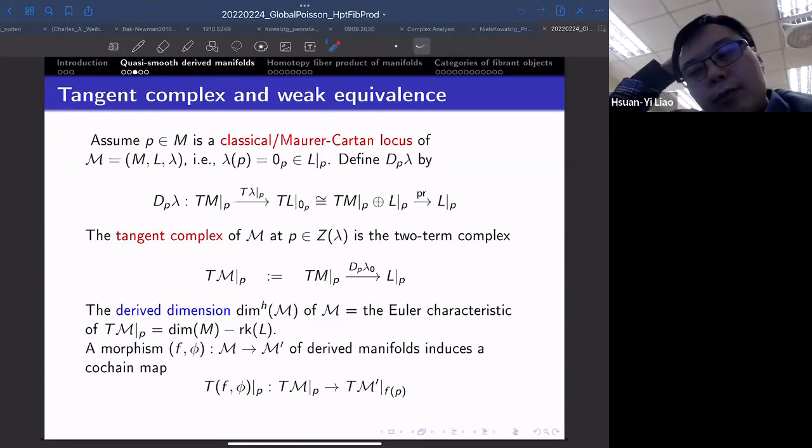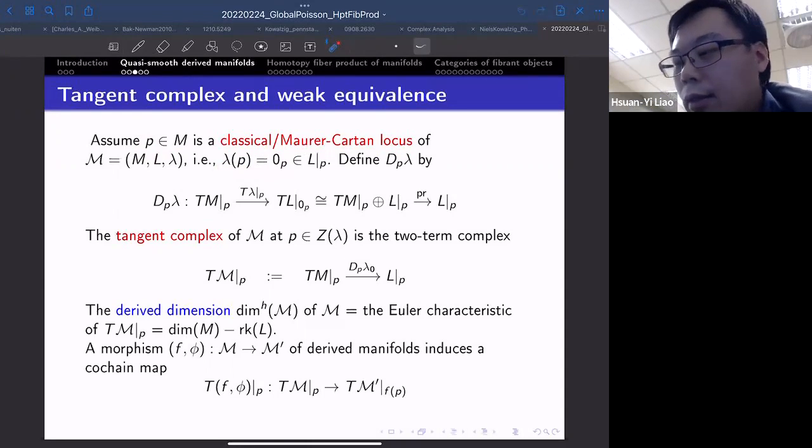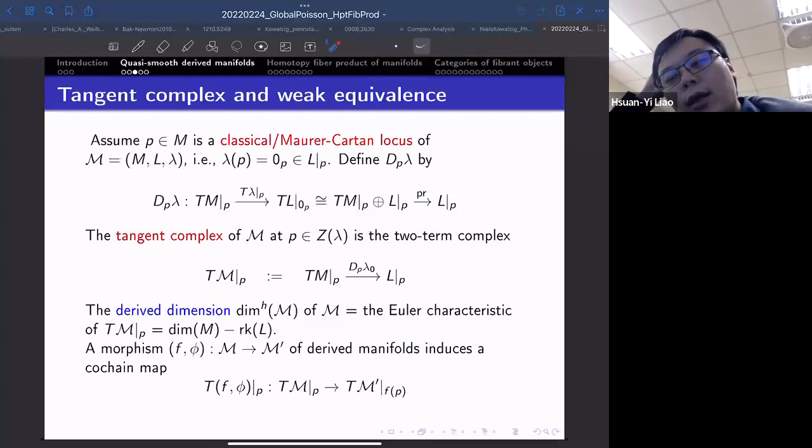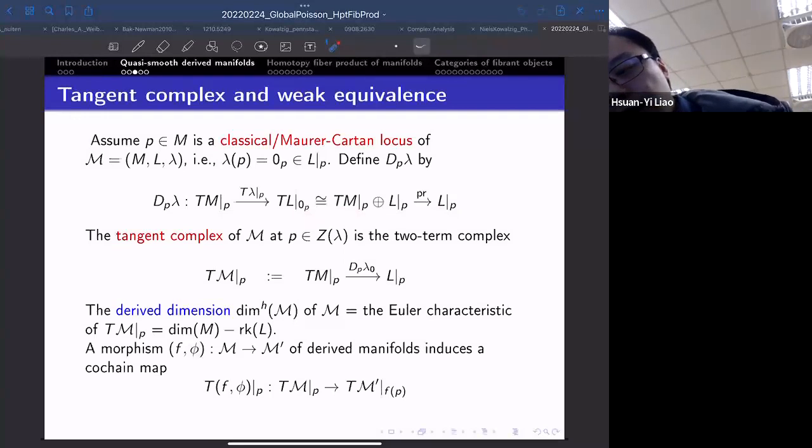Suppose we have a classical locus; we consider the derivative of this section. By that I mean the induced map on tangent space to the total space, and then I project to the fiber, and this is my differential of the section.